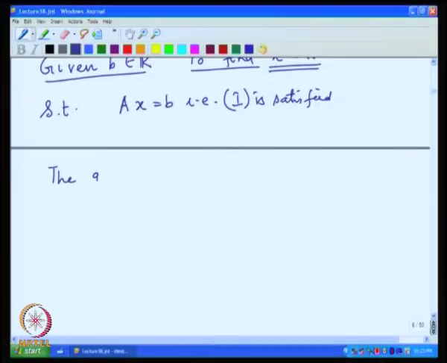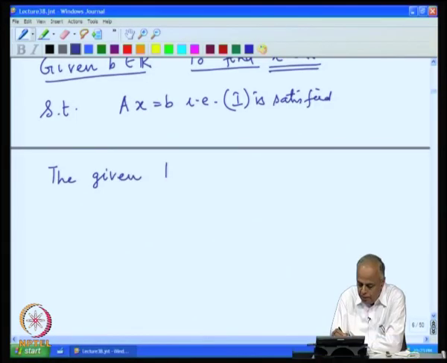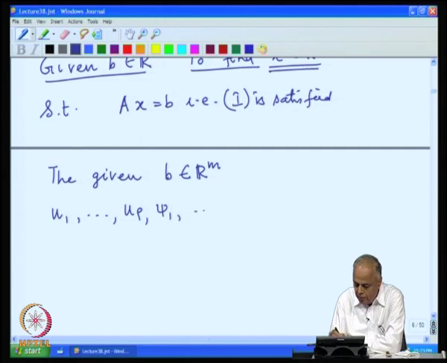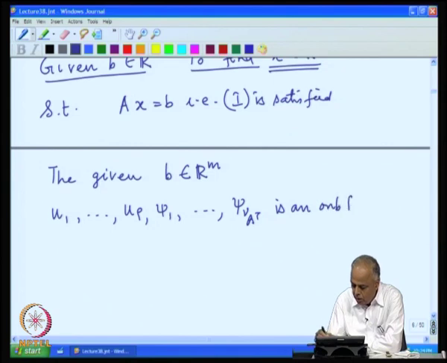So, let us start with the given information. The given b is in R^m, and for R^m we had chosen the basis u_1, u_2, ..., u_rho, psi_1, psi_2, ..., psi_nu(A transpose), an orthonormal basis for R^m.